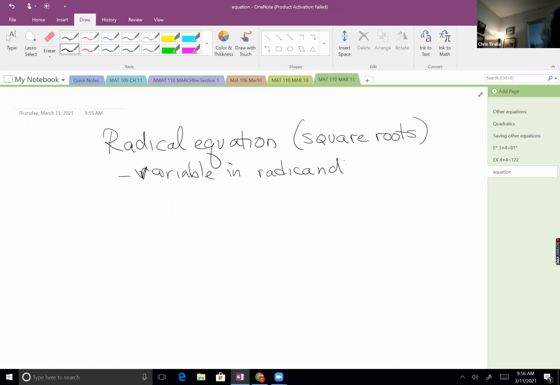We're going to consider 2 types of radical equations. The first type are equations with 1 radical. Later on today, we'll look at equations with 2 radicals, and we'll see that they're twice as fun.